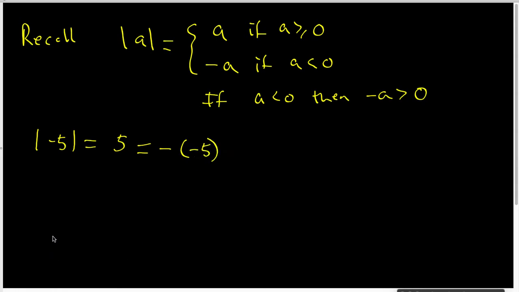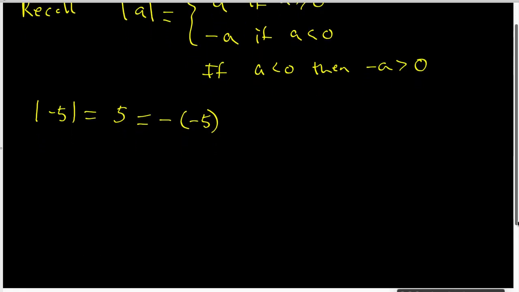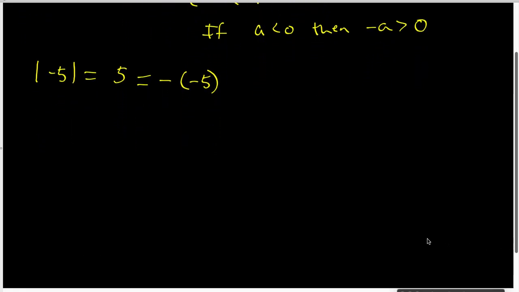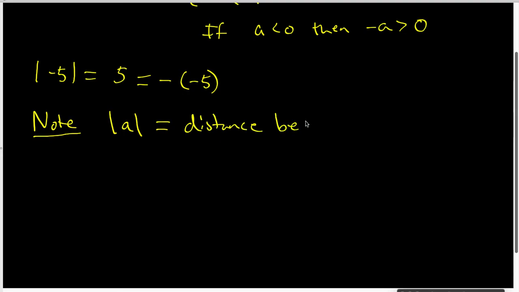But there's more going on than throwing away the minus sign. And in fact, throwing away the minus sign is the wrong way to be thinking about absolute values. What I want you to be realizing is that absolute value actually measures the distance between the point A and 0.